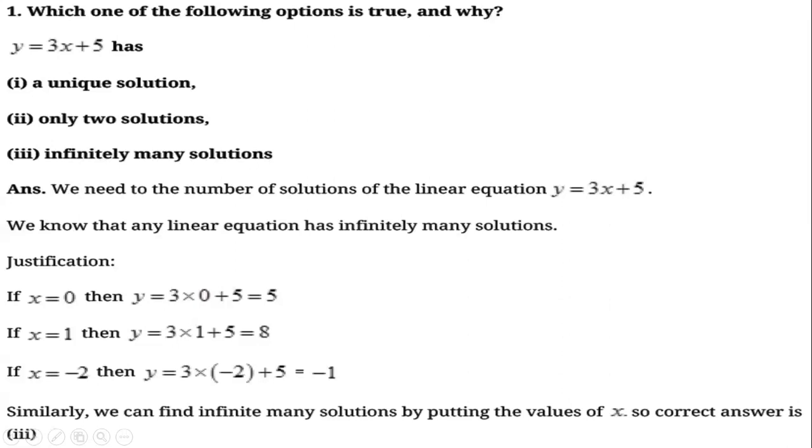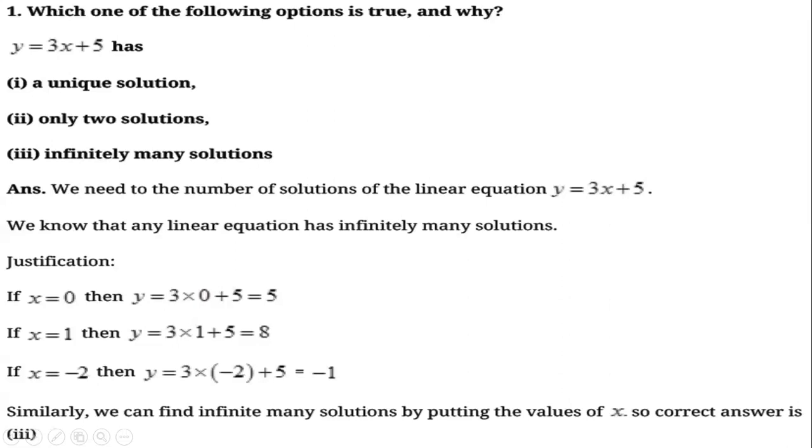When x is replaced by 1 and you solve the equation, you get y is equal to 8. So in the first two numbers that we replaced, please note that when x was 0, I got y is equal to 5, and when I put x is equal to 1, I got y is equal to 8. Now, let us try with one more number.